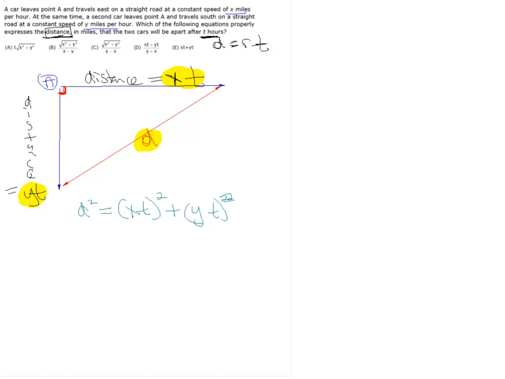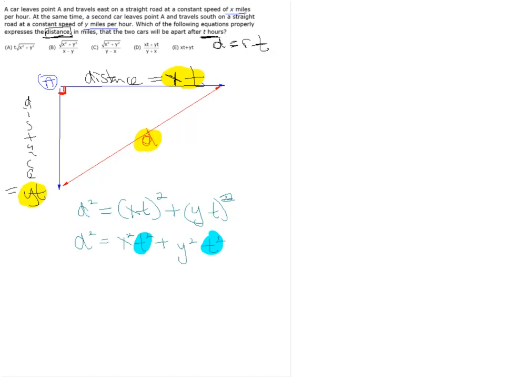Okay, so now we're just down to some exponent rules. Remember that those 2's belong to all of the characters inside. So the distance squared is equal to x squared multiplied by t squared plus y squared multiplied by t squared. Again, take every factorable opportunity you can. In these two terms, they both share the t squared variable, so immediately we're going to pull that out.